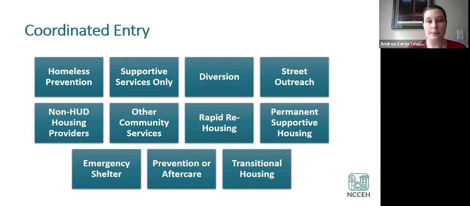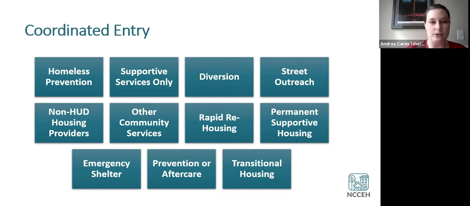We also have permanent housing projects here, rapid rehousing, other community services or non-HUD housing providers, and permanent supportive housing. So those are more of the receivers usually of referrals after prioritization. And so again, just going over those four components of coordinated entry, it encompasses access, assessment, prioritization, and referral.